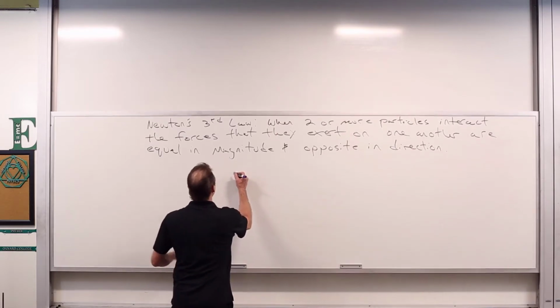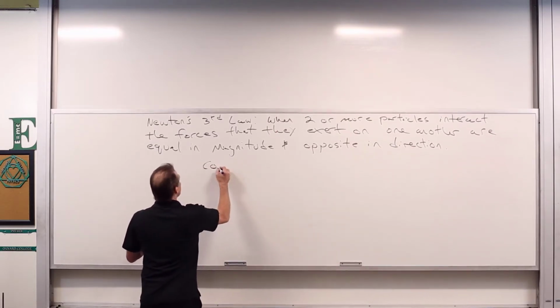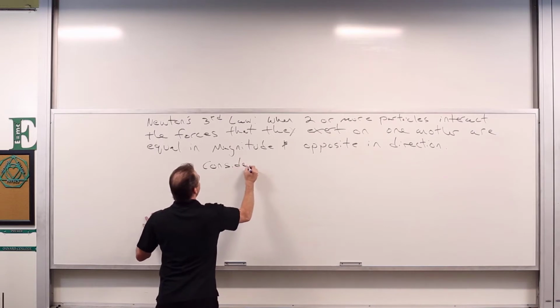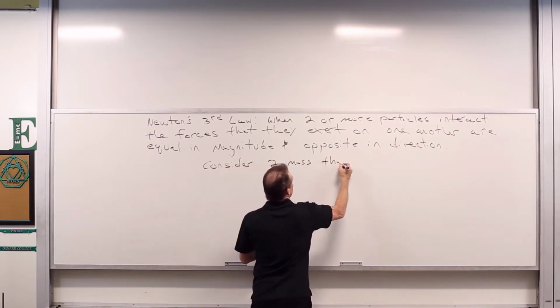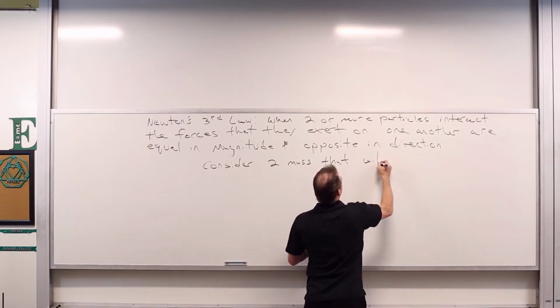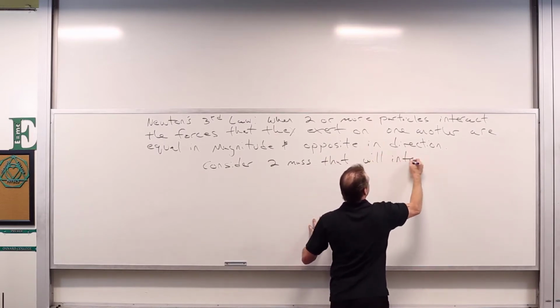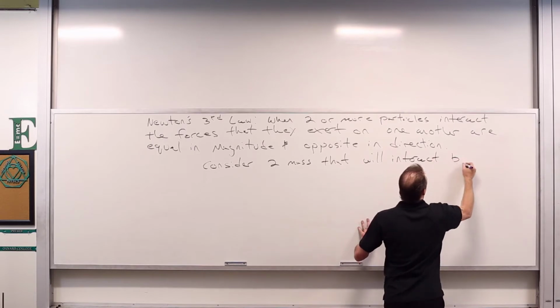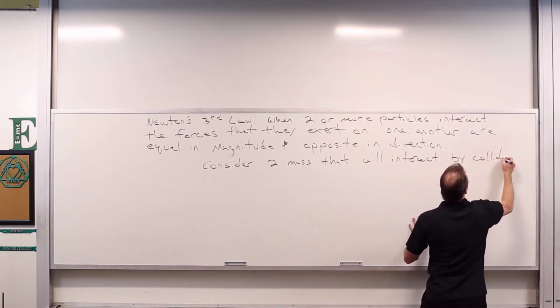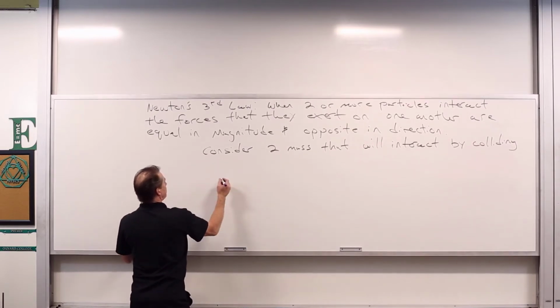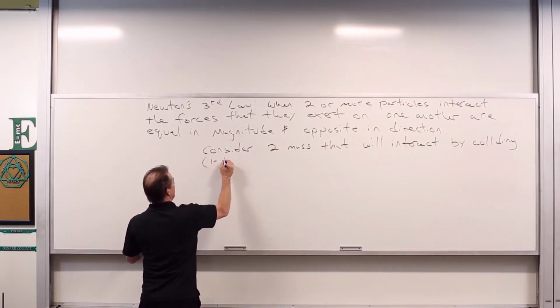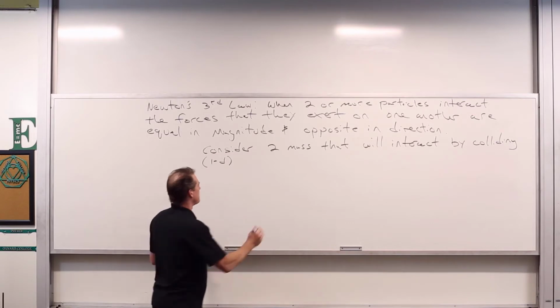So consider two masses that will interact by colliding. And let's just say this is going to be one-dimensional here, keep things simple.